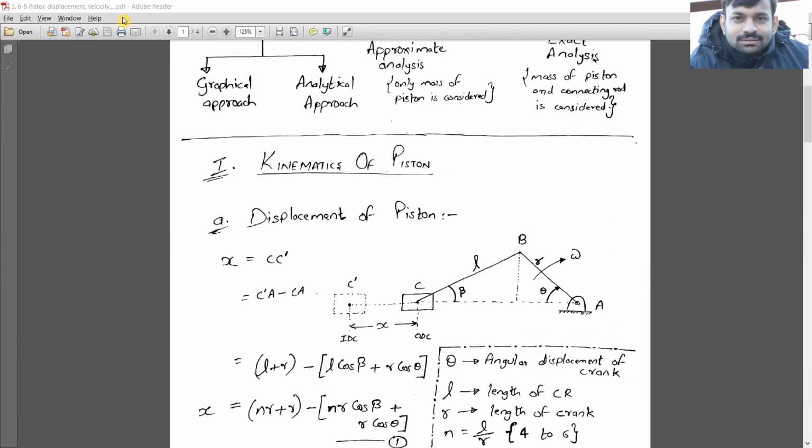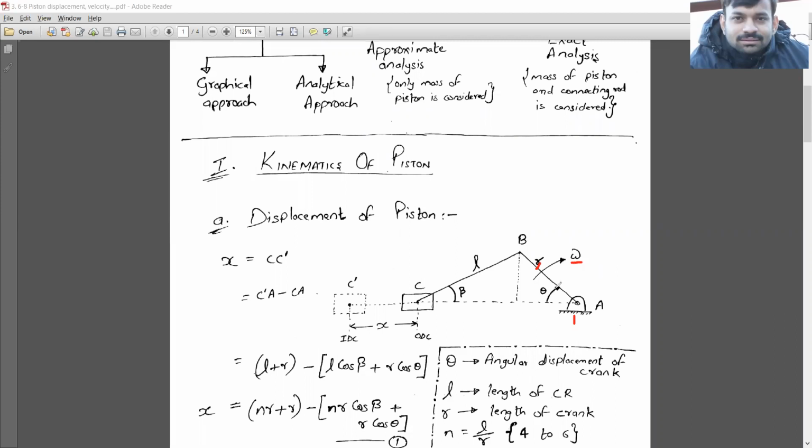In kinematics, as you have already seen in theory of machines, you might have studied this line diagram of the slider crank mechanism. This big part is link number 1. This link AB is the crank. This crank is of radius r, and it is rotating with angular velocity omega in clockwise direction.